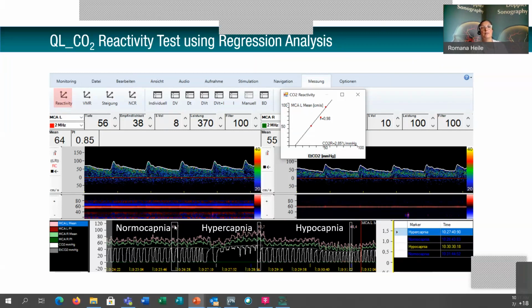We create a rectangle with 2 to 4 cycles. Now we have an average value of normocapnia. We do the same for the steady state of hypercapnia, and then again for the steady state of hyperventilation, meaning hypocapnia. If we have selected the 3 cycles, we simply press reactivity, and we will get this box filled with our result.